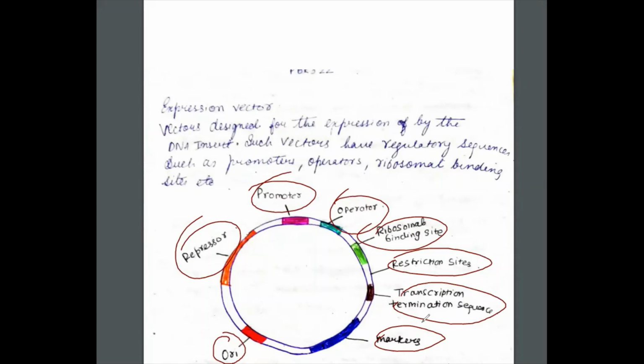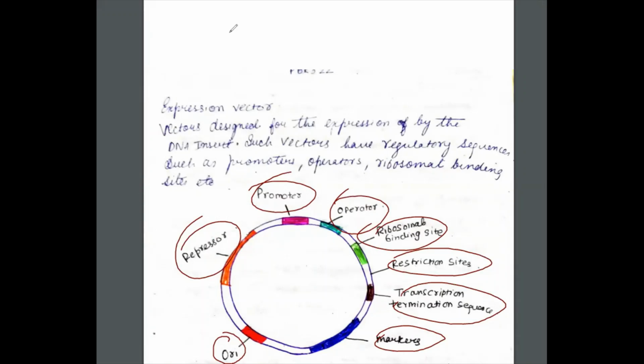For that, it needs a promoter, it needs an operator to stop it, it needs a repressor to repress it, and to terminate the reaction, it needs a termination sequence. Restriction sites are to cut at a particular point, markers are for detection, and ORI is for replication. So this is how we use an expression vector.